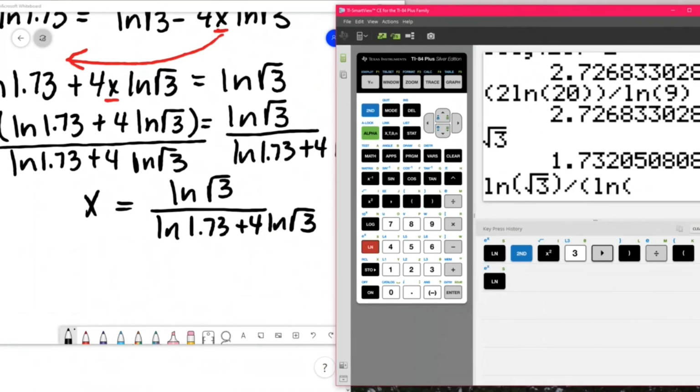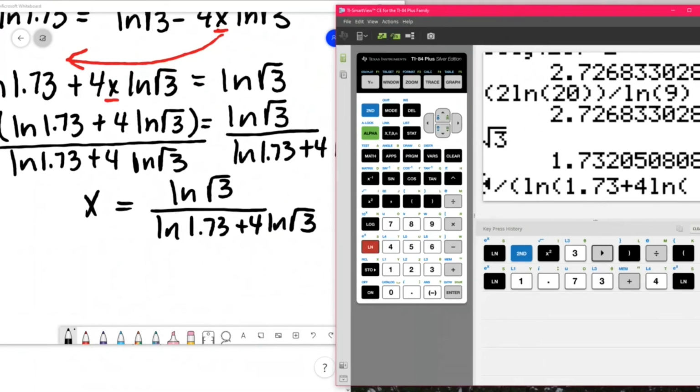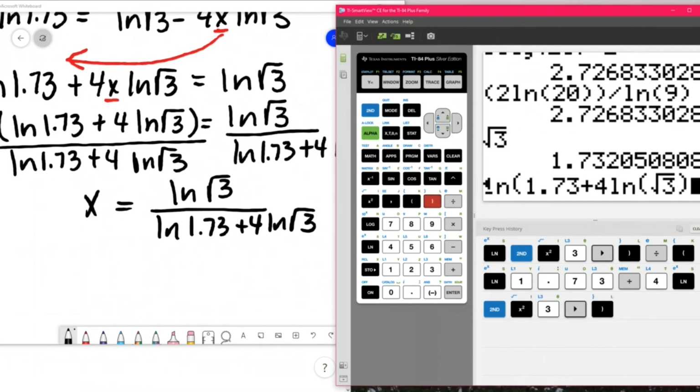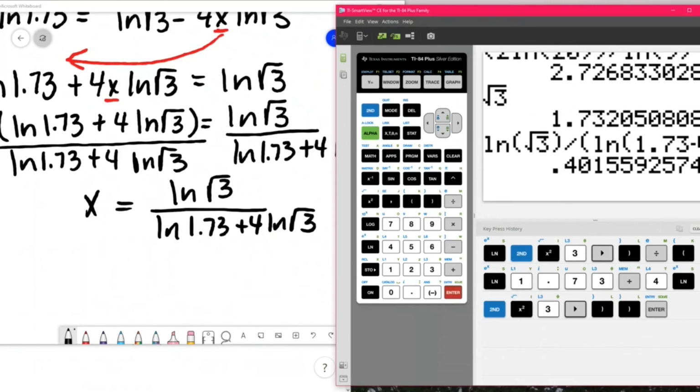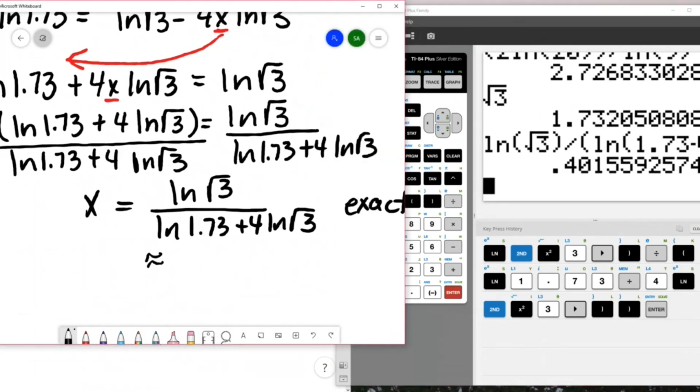It's going to be natural log of 1.73 plus 4 natural log square root 3. I hope you can see why I chose that other method. You don't have to, but we used natural log 3 times in typing this, and that would be a lot of times that we would have to go hunt into the menu to find that other log function. So we have that this is approximately 0.40 if we round to the hundredths place.